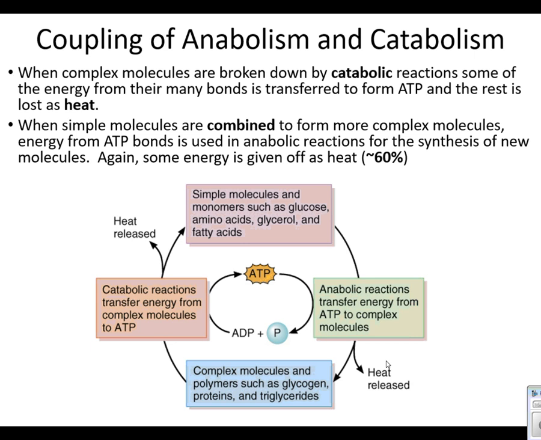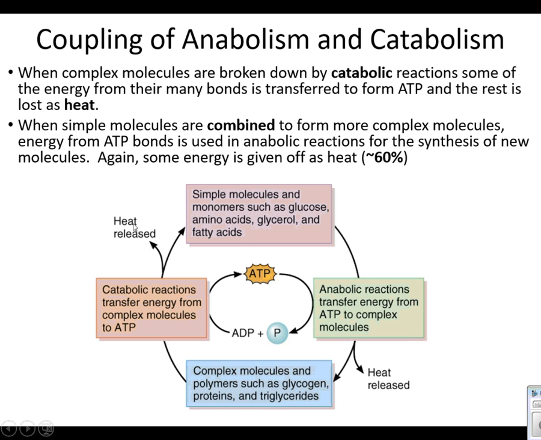And this is something we talked about earlier in the semester, that anabolism and catabolism are coupled to one another. We can see that with the cycle in our picture at the bottom. When complex molecules are broken down by catabolic reactions, some of the energy from their many bonds is transferred to form ATP. The rest is lost as heat.